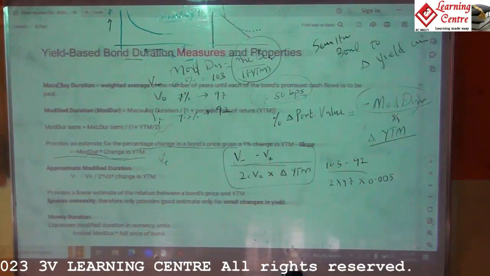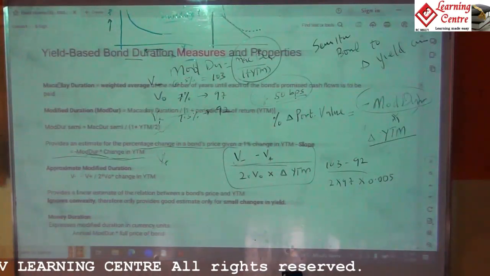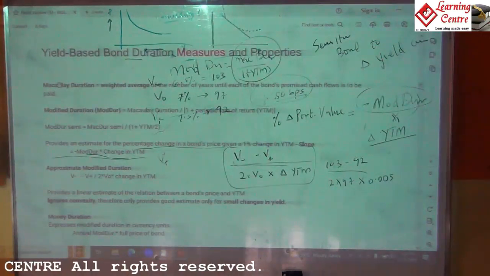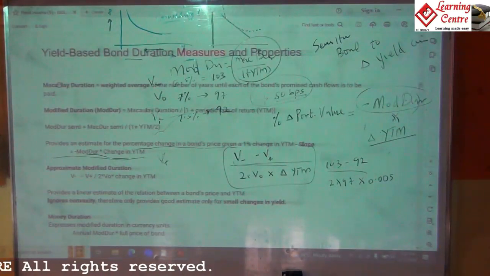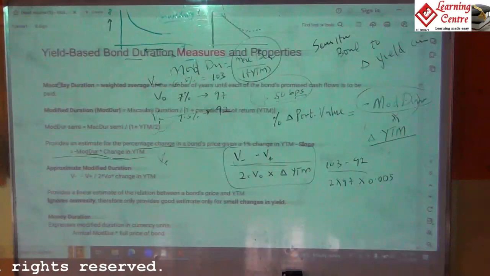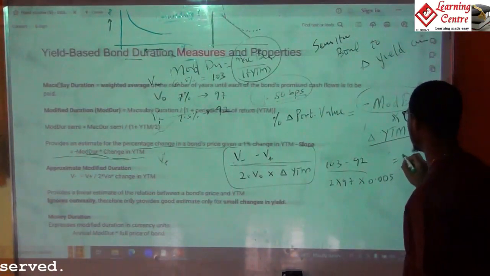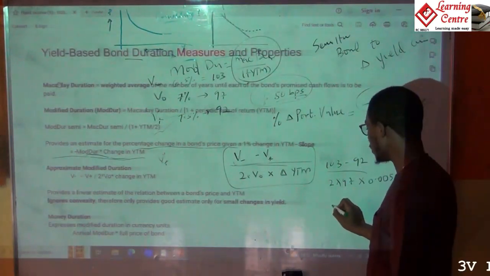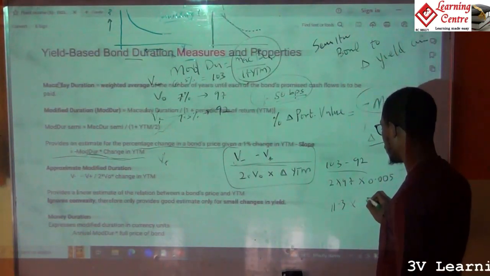Okay, so tell us the answer. What's the answer? Two. So after you have the modified duration, you now calculate the percentage change. You just have like 11.3. So after doing this, you take minus 11.3 times 0.5.